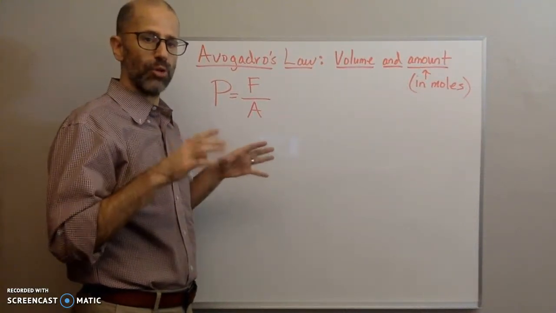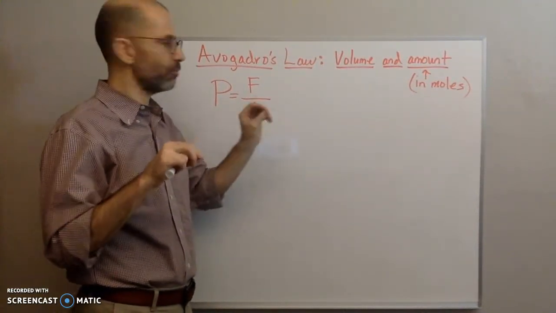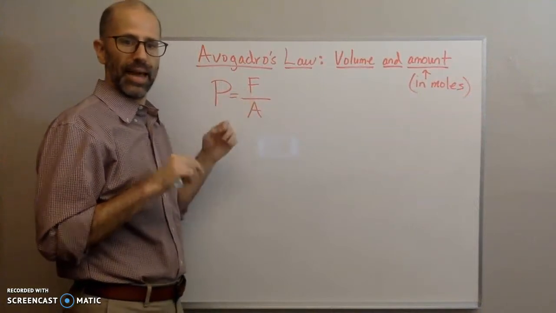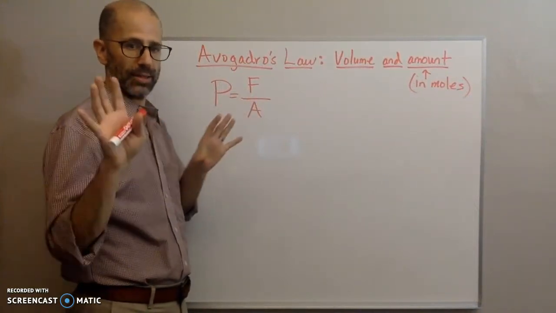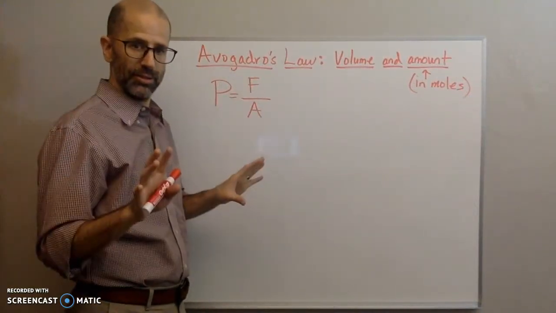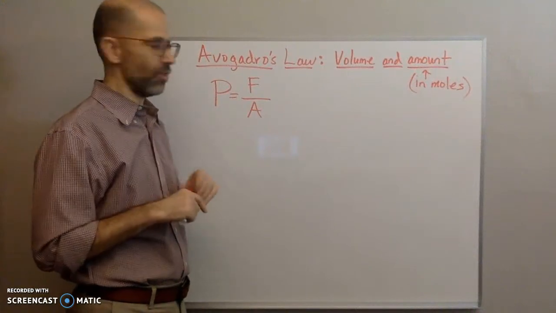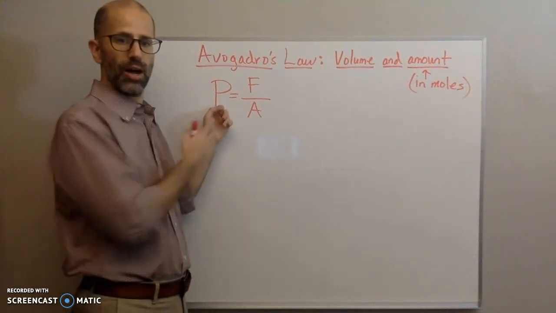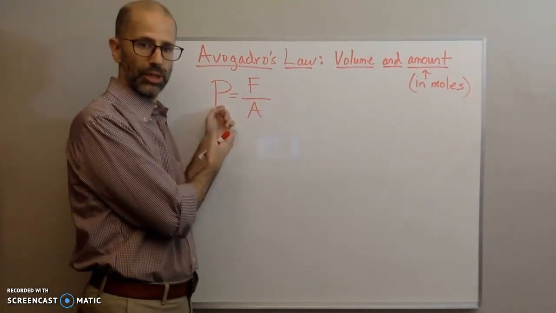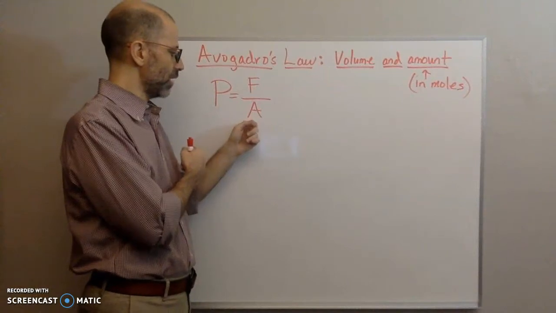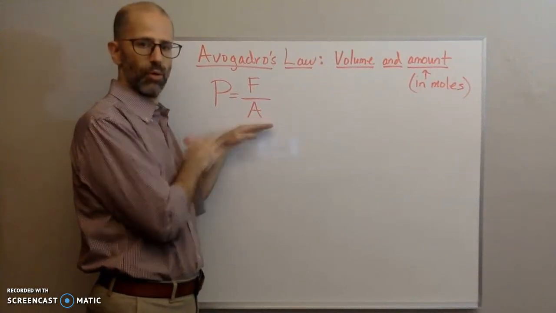And so if you think about all of the forces that those particles are applying together on the sides of the container, that is going to determine the pressure, right? And of course the surface area.